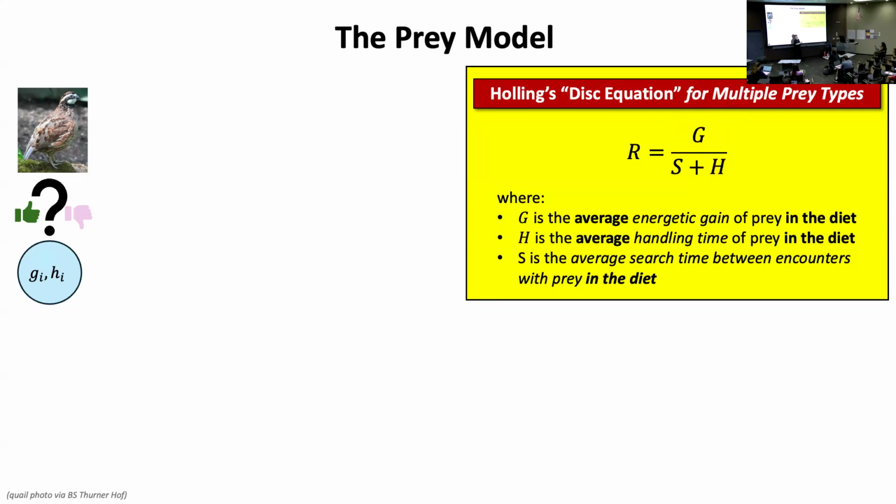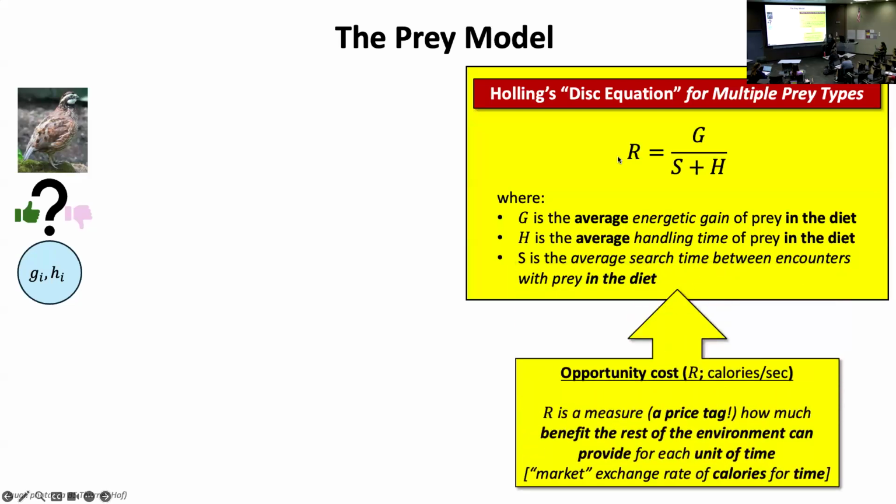If you added up all the time it took an animal to handle all of the prey that it chose to eat, and you take that average, that's capital H. And capital S is if you took all of the search time in between finding prey, added all those up, and took the average, then that's the average search time. So that's just, again, a generalization of Holling's disc equation for multiple types of disc. That's all we really care about today: the fact that this rate exists.